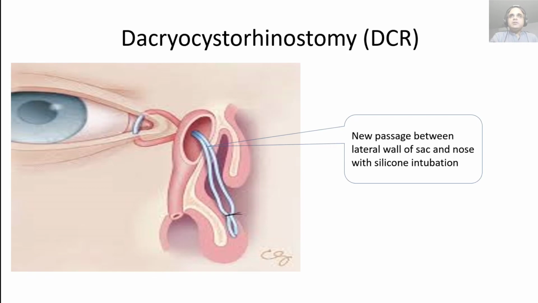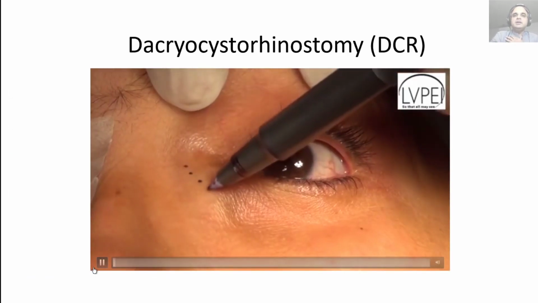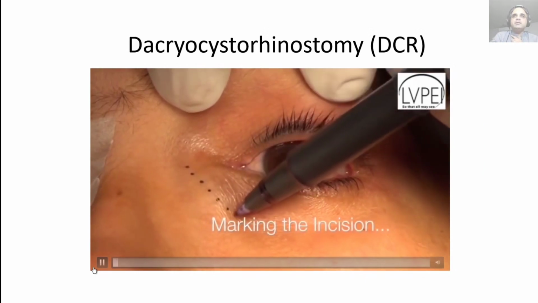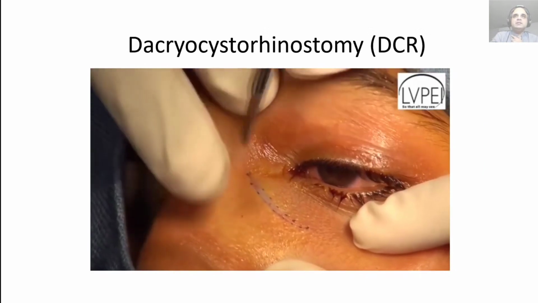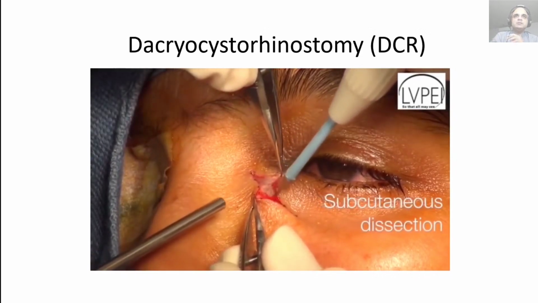Let's see a little video of how this surgery is performed. First, what we'll see is the marks for the incision. The incision is made, the soft tissue is dissected away.